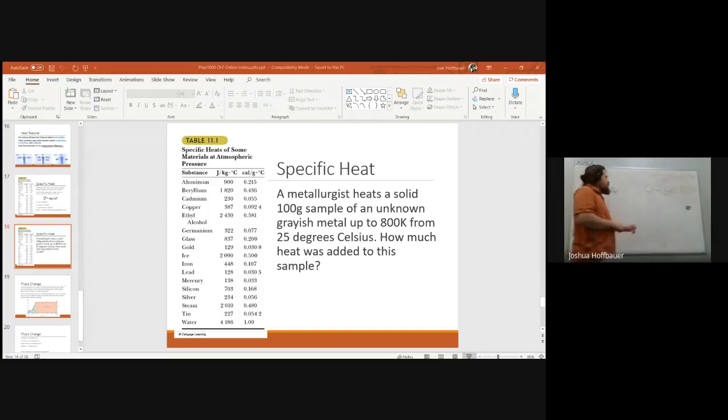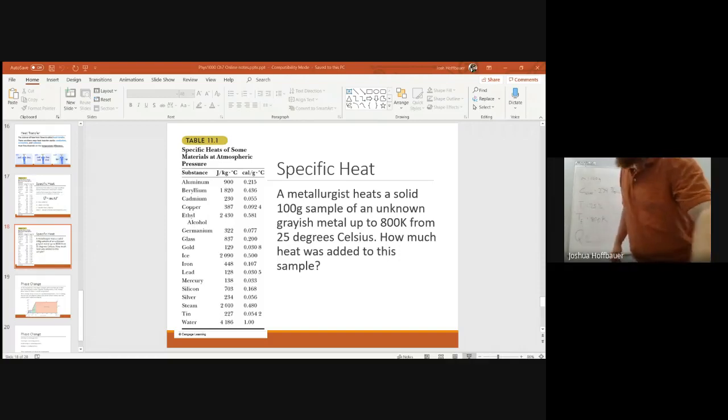So let's look at our formula. We want thermal energy. We want Q. So Q is equal to our mass, which is 100 grams.